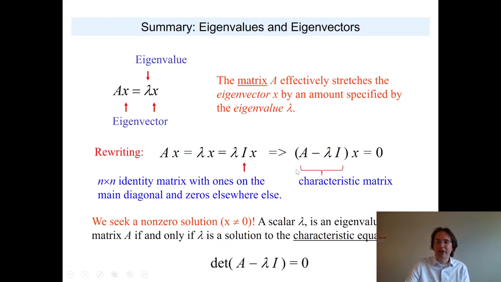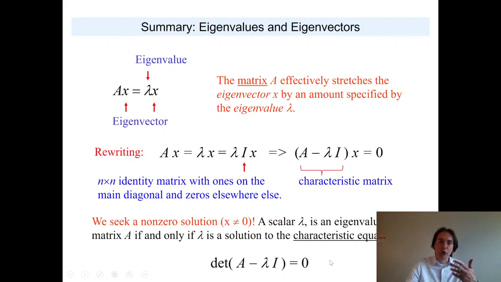Rearranging, we introduce the so-called characteristic matrix. For a non-trivial solution, the determinant of this matrix has to be equal to 0, and this gives us the so-called characteristic equation. So the determinant of A minus lambda I is equal to 0, and this in turn can be formulated as an nth order polynomial in lambda, which can be solved to get n roots.